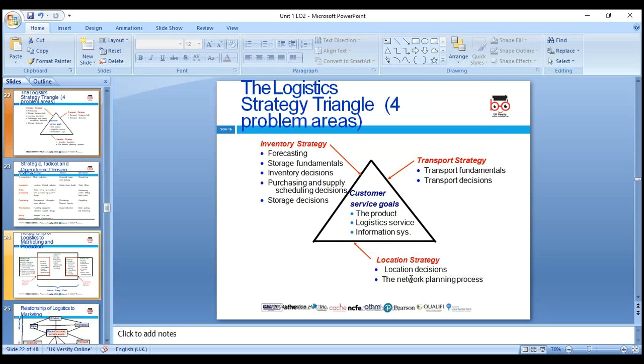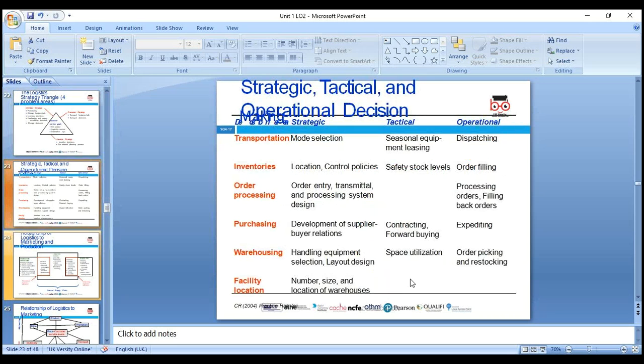We look at inventory strategy, transport strategies, customer goals, and the location strategy. Then the strategic, tactical, and operational decisions on transportation, inventory, and orders, all discussed on the earlier slide.